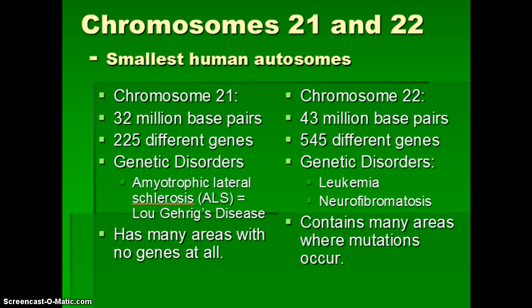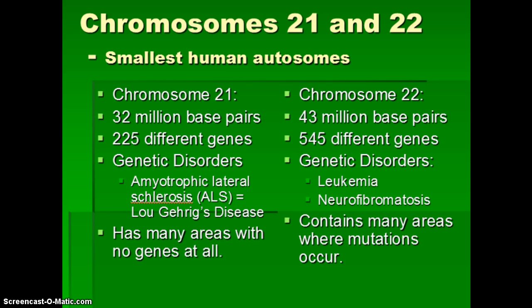They're not coding for specific traits. And one of the genetic disorders that we find on chromosome 21 specifically is Lou Gehrig's disease, which is ALS. This causes progressive loss of muscle control due to the destruction of nerves in the brain and spinal cord. So we know that that is on that chromosome.